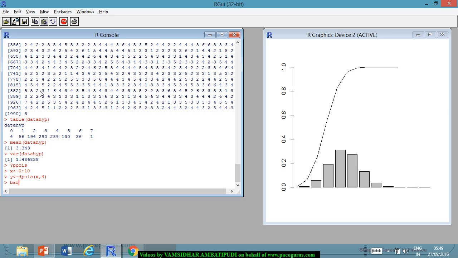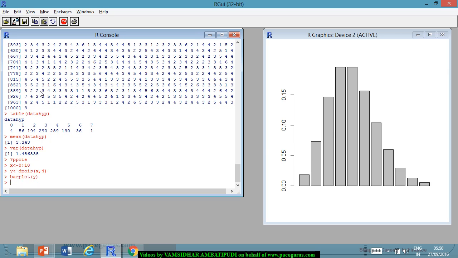Now I am taking a bar plot of y. So this is how I am getting the bar plot of y.